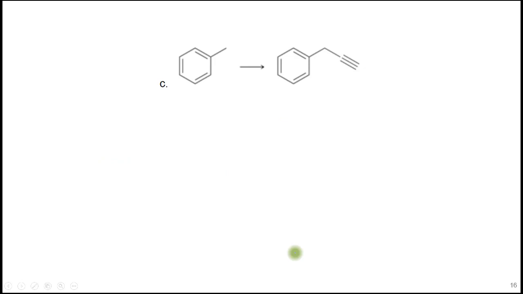And this last one here, I'm adding an alkyne. That makes me think of adding it to this, which we can do very easily using NBS.